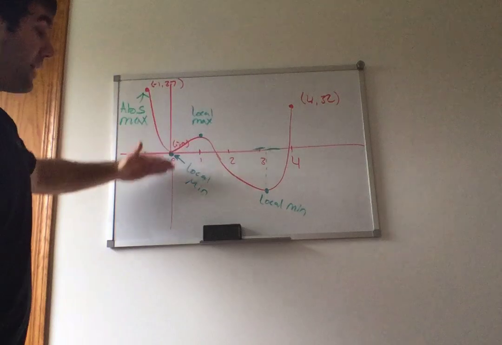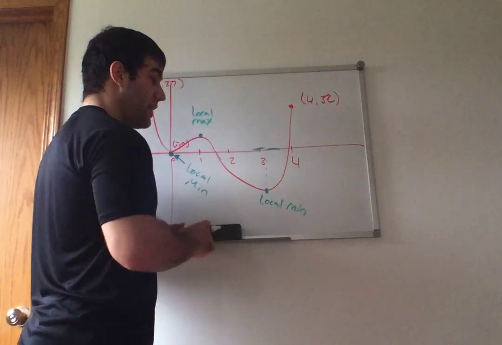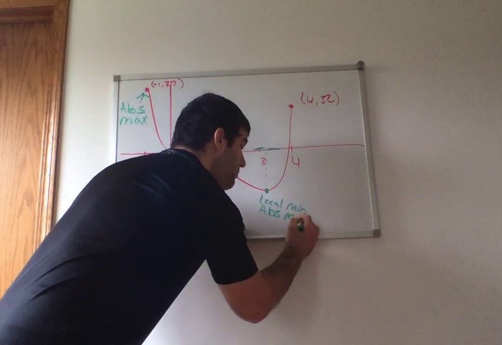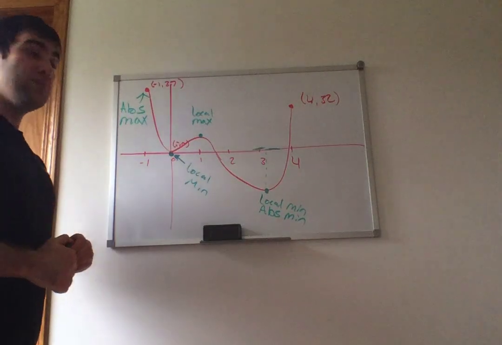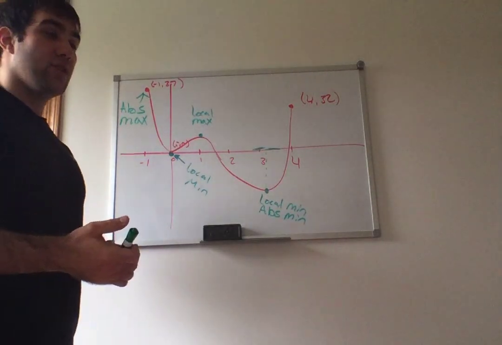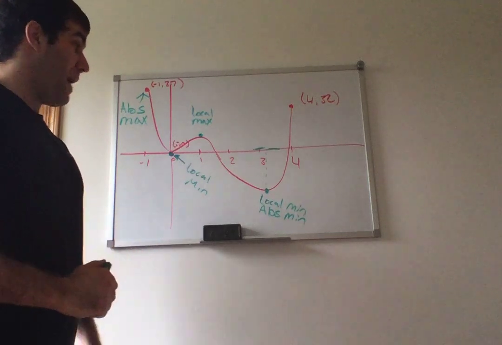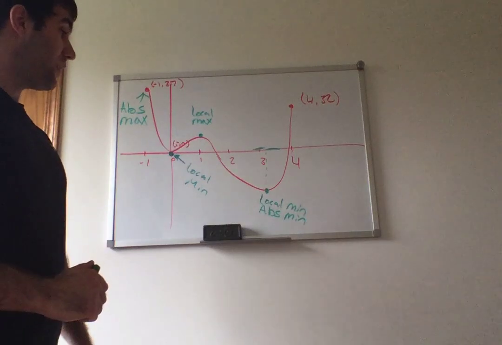No other point on this graph is lower than this point here. This local min happens to also be the absolute minimum. And that's okay. Some local mins and maxes could be the absolute min or absolute maximum value. Okay, that is very possible.